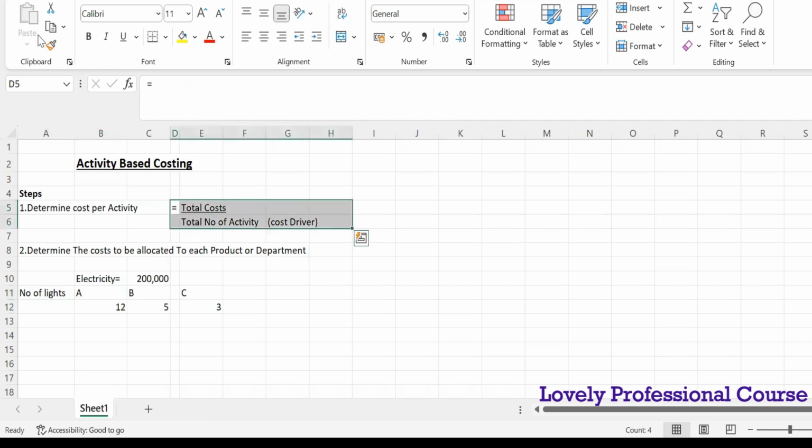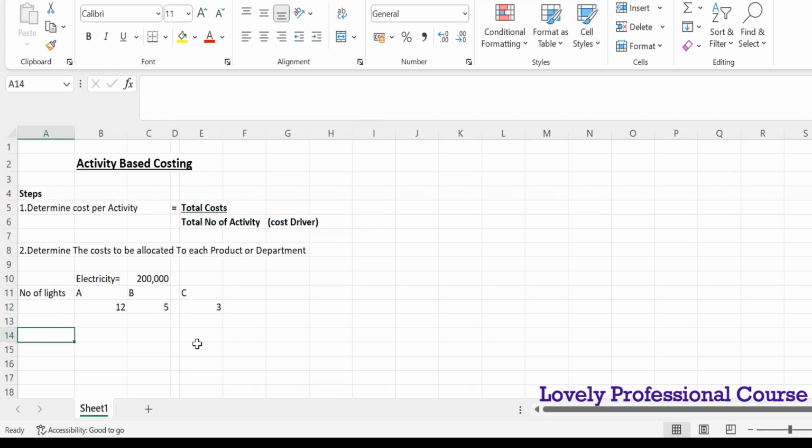I'm going to use it as my basis of apportioning this electricity, so that I know the cost to be charged to department A, to department B, and to department C. Let's compute the cost to be allocated to each department, to each cost center.